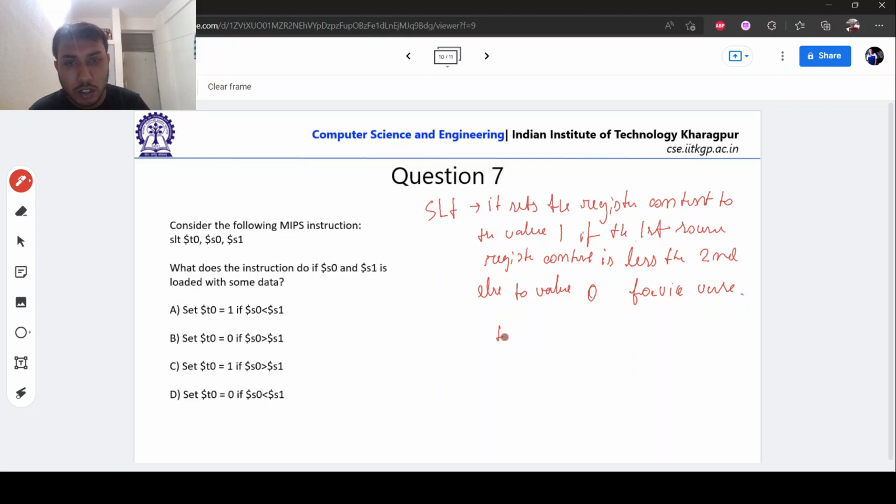So this is the theory, the property of the instruction.